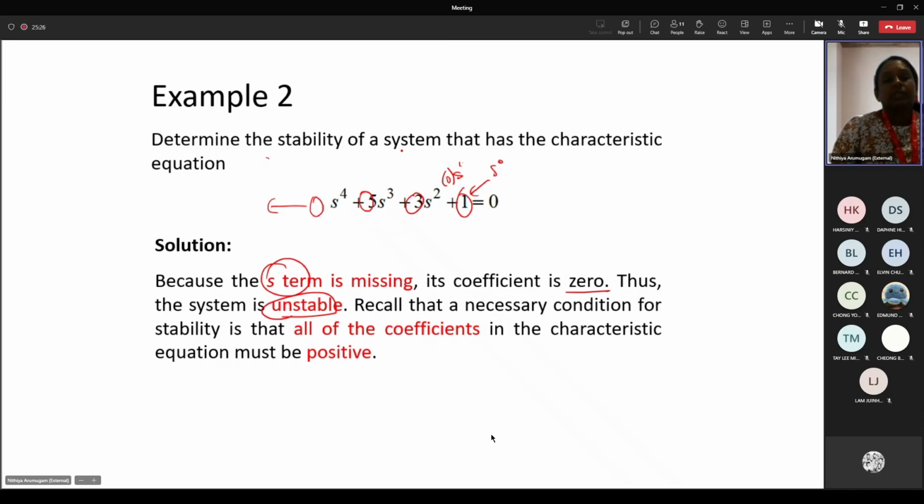Its coefficient is 0, so it doesn't fall between; it cannot be categorized as positive or negative. So the system is unstable. This is an example of how we analyze the Routh stability criterion.